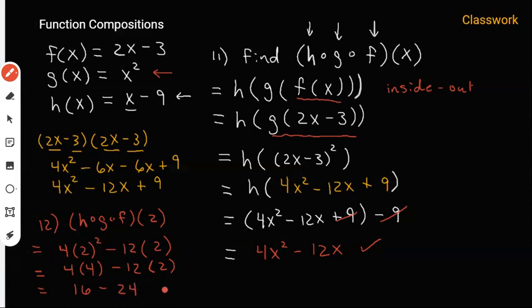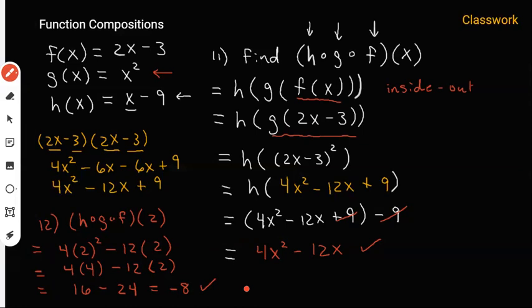And then 16 minus 24 is going to give me what? Negative 8, right? Nothing else I can do. So that's going to be my final answer, negative 8.